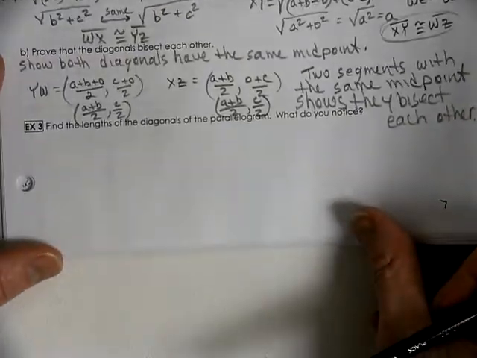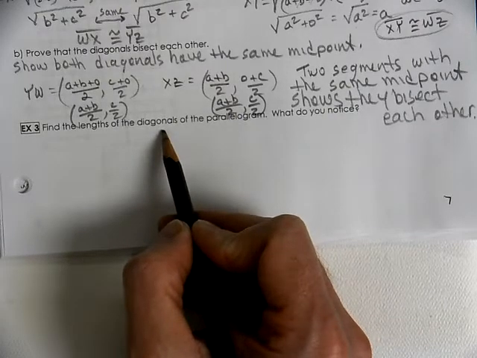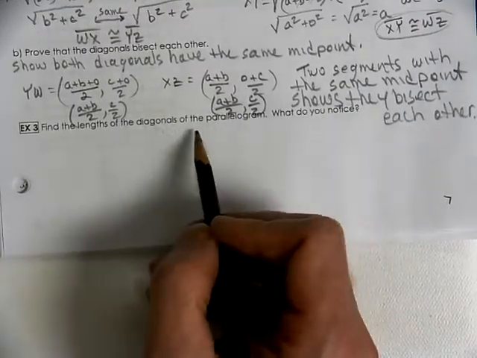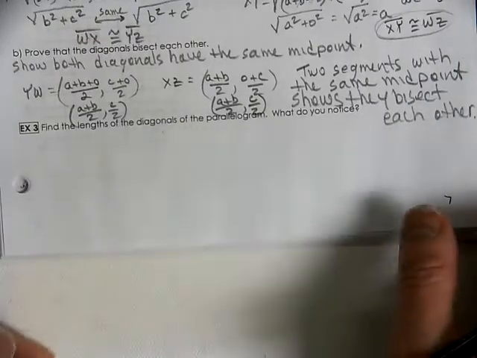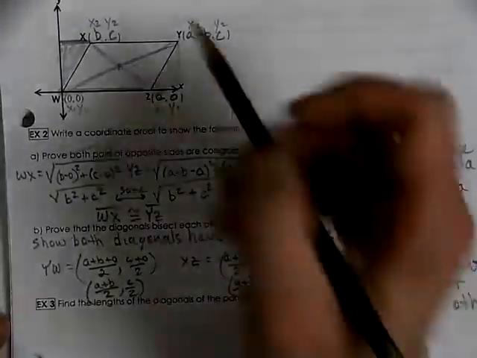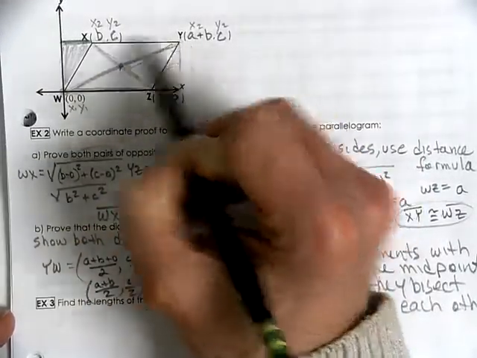And then we're going to come down and we're going to show the lengths of the diagonals. What's going to happen when we look at the diagonal lengths? Remember what diagonals are. They go through the shape to a different vertex. Not the edges, but through the shape.